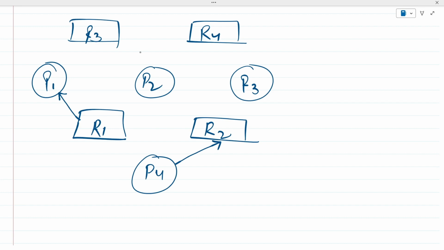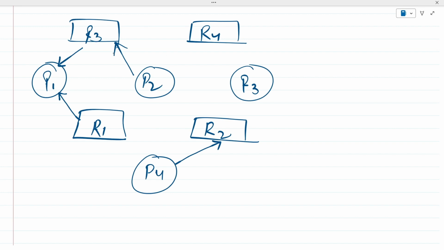Similarly, let's say P1 has resource R3 as well, so we represent it like this. Let's say P2 wants R3, so it is represented like this. When P2 wants R3, it means R3 is not available right now because R3 is allocated to P1.